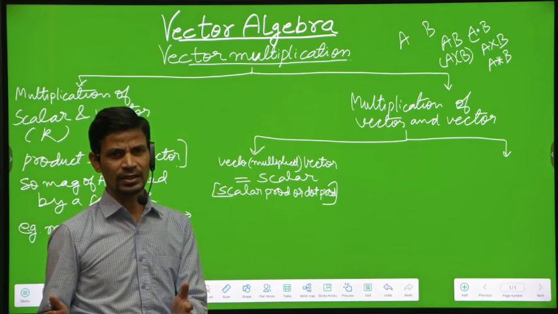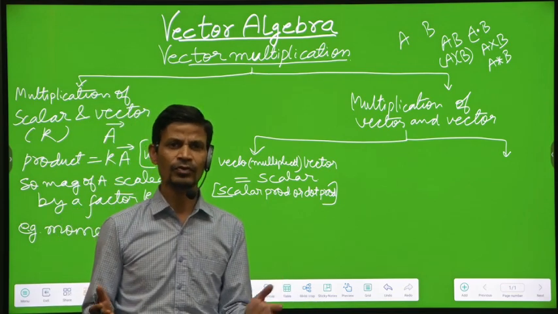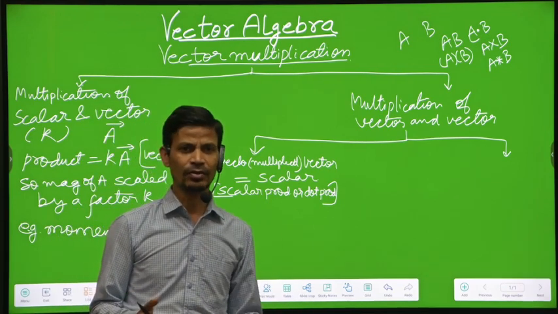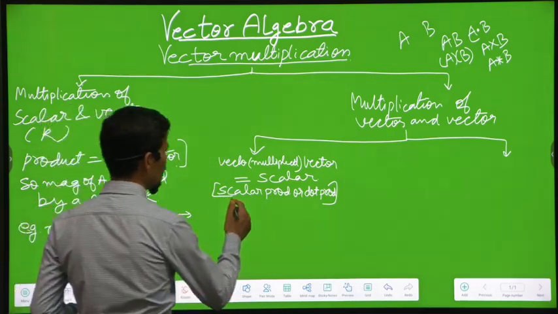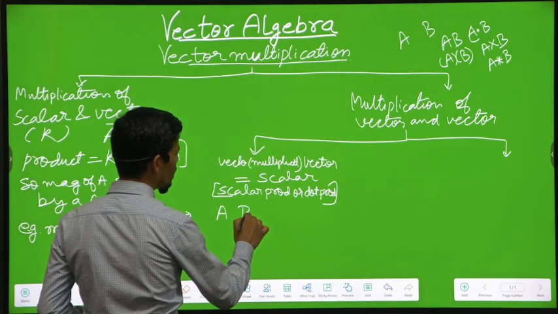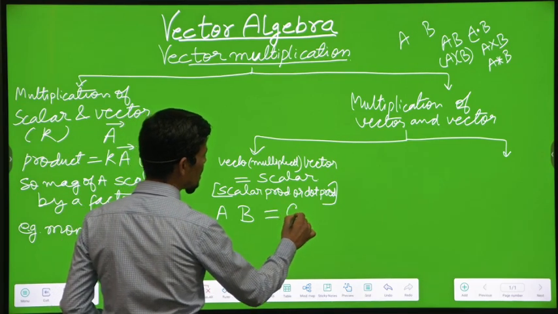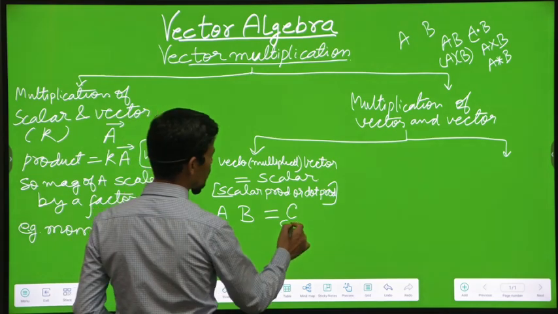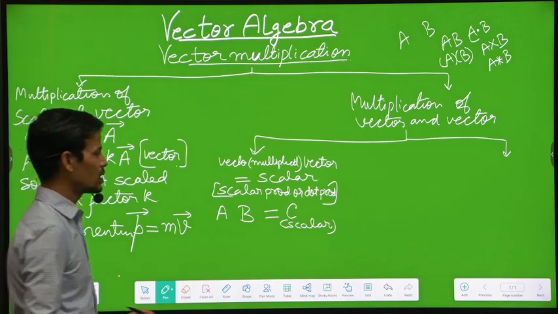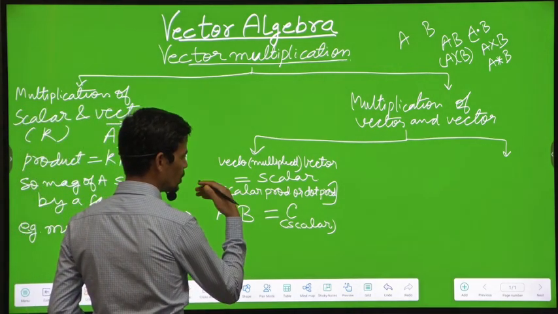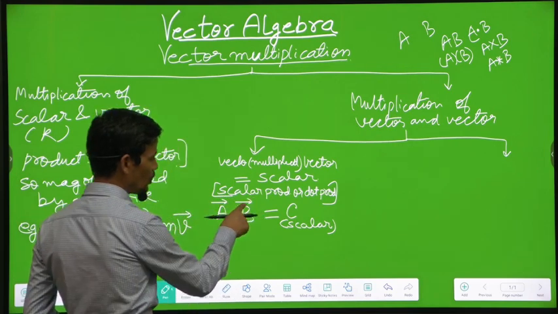And if two vectors need to be multiplied to give that quantity, then we will go for scalar product. So if A and B get multiplied to give C, which is a scalar, whereas A and B both are vectors, then in order to denote its scalar product, this is important.